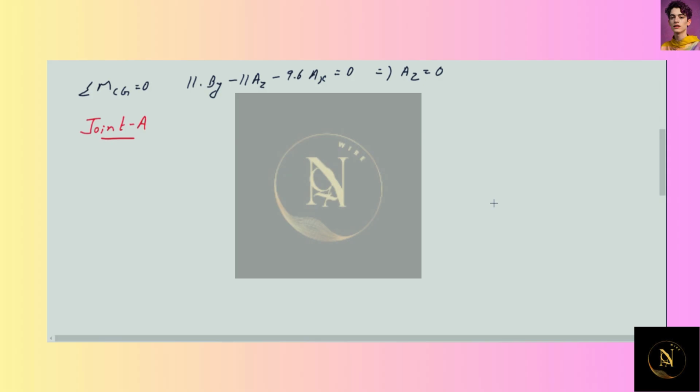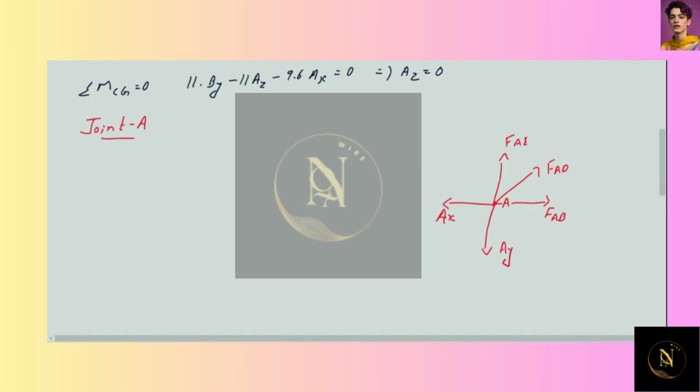If this is joint A, there will be FAB, FAD, FAE, AX and AY.